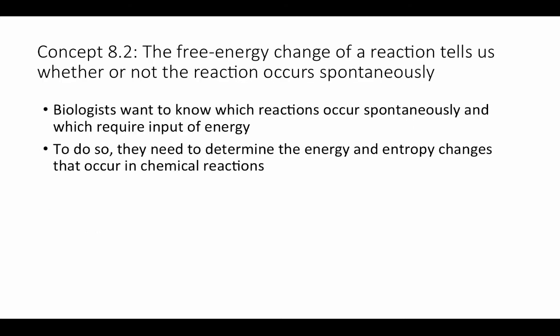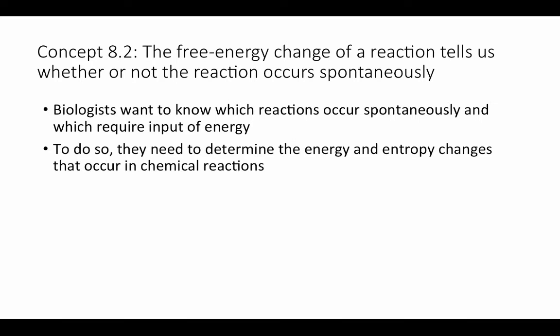If we want to know which reactions are going to occur spontaneously and which are going to require an input of energy, if we want to know which reactions are going to release energy and which reactions are going to consume energy, we have a way of quantifying this in terms of what we call the free energy change in the reaction. So to be able to do this, we need to be able to determine how the energy and entropy changes over the course of this chemical reaction.